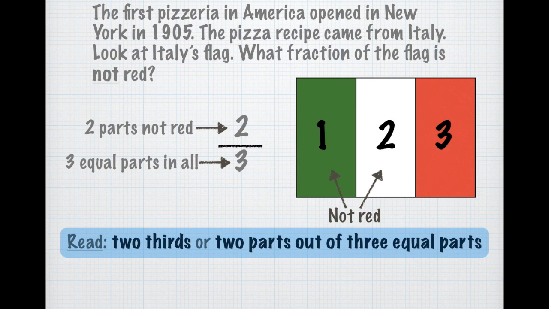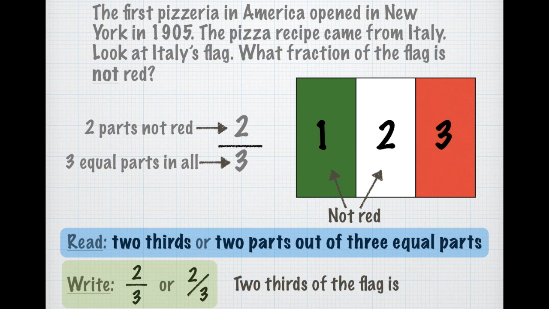When we write the fraction, the 2 is our numerator, it goes on top, and the 3 is our denominator, it goes on the bottom. And we can either write them with our fraction bar going horizontally, or it can slash across. And to answer the question, what fraction of the flag is not red? 2/3 of the flag is not red.